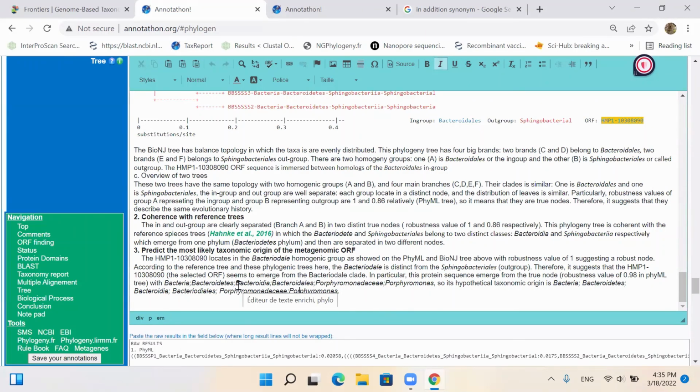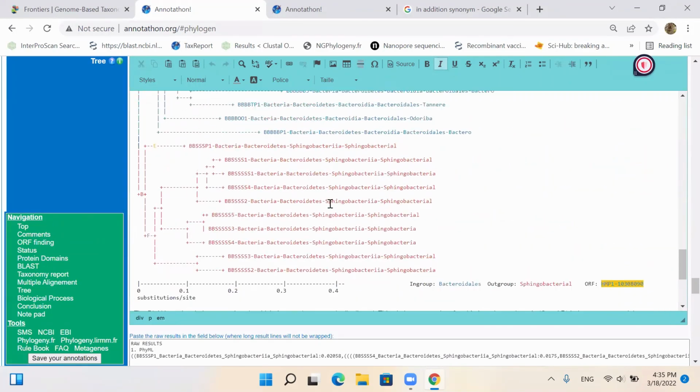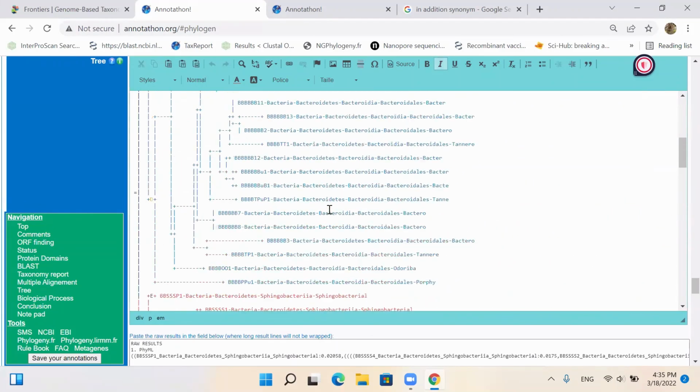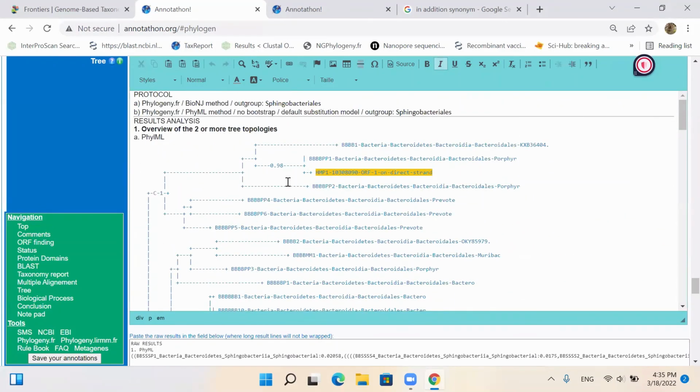At which level are you working now? I'm working at the order level. At the order level, yes. So if you come back to your tree, it's which one? That one. So it means that the order here is Bacteroidales.